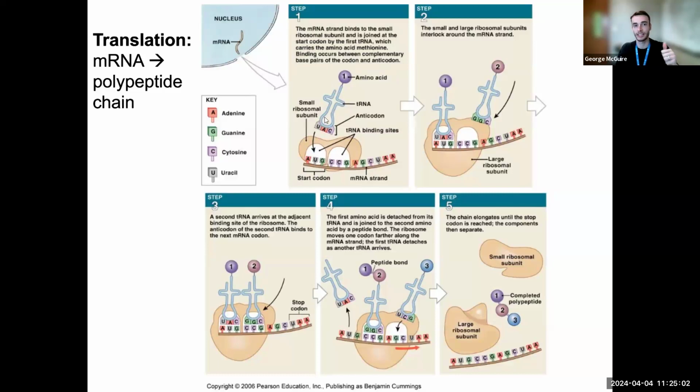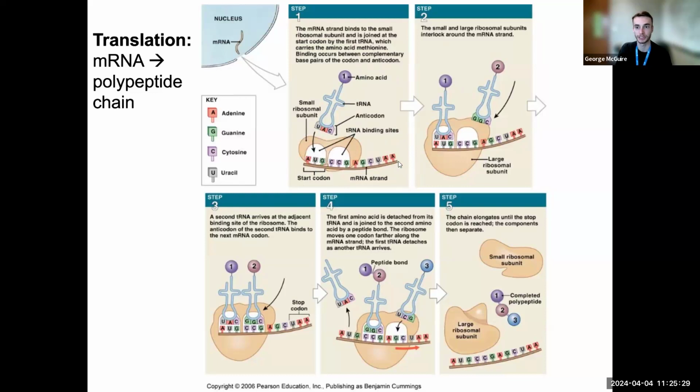So messenger RNA is carrying the transcript. tRNA, aka transfer RNA, is going to bring the relevant amino acid that matches that codon. So the ribosome is going to help with matching up these codons from the mRNA transcript with the anticodon carried by a tRNA, and that tRNA is bringing the amino acid that these codons code for.